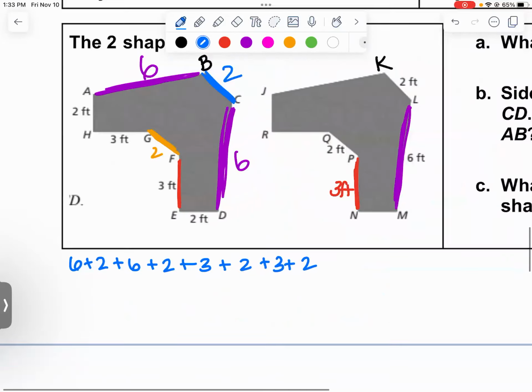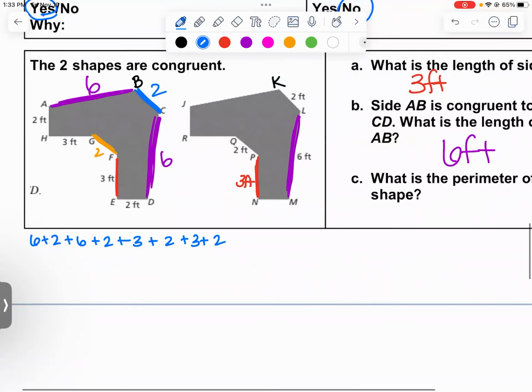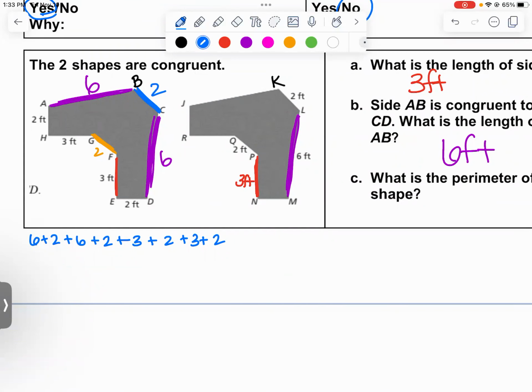20. Reagan says 26. Six plus 2 is 8. Plus 6 is 14. Plus 2 is 16. Plus 3 is 19. Where are you getting the other 3? Plus 2 is 21.